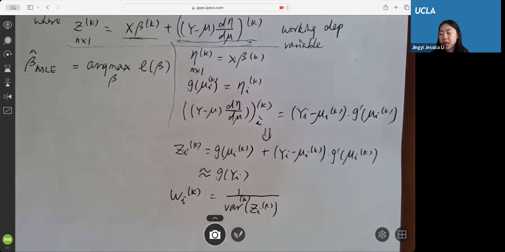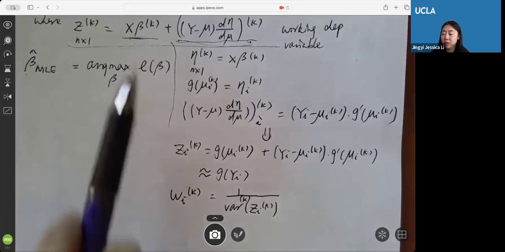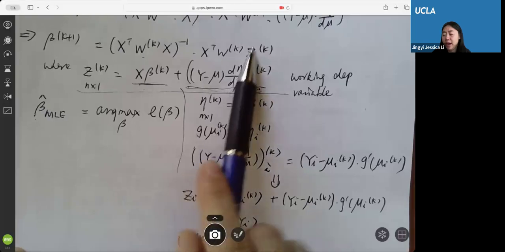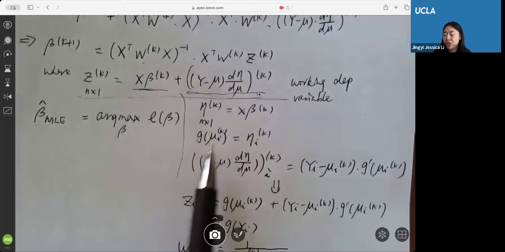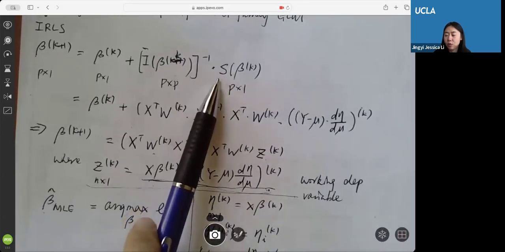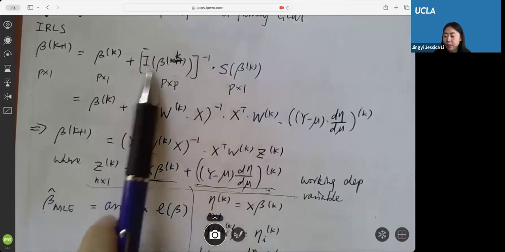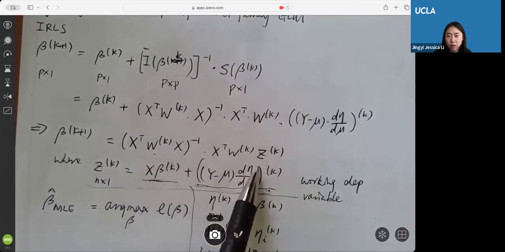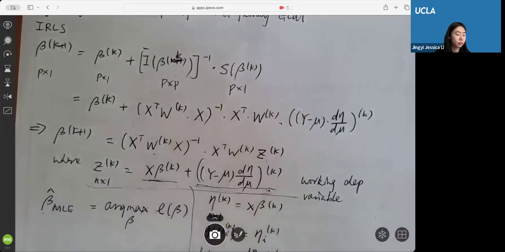I would say the biggest trick, or the core of this whole IRLS algorithm, is the construction of this Wk matrix and the working dependent variable. As long as you construct them based on the Fisher scoring iteration, what is the score function, what is the Fisher information, you derive those, and then you combine terms to create this form, that's where you get it.